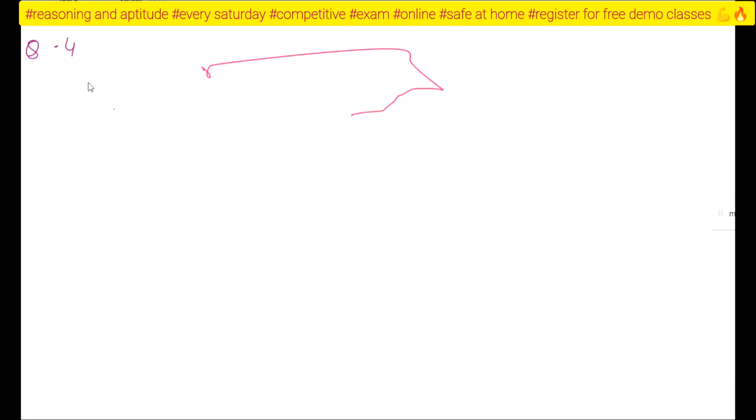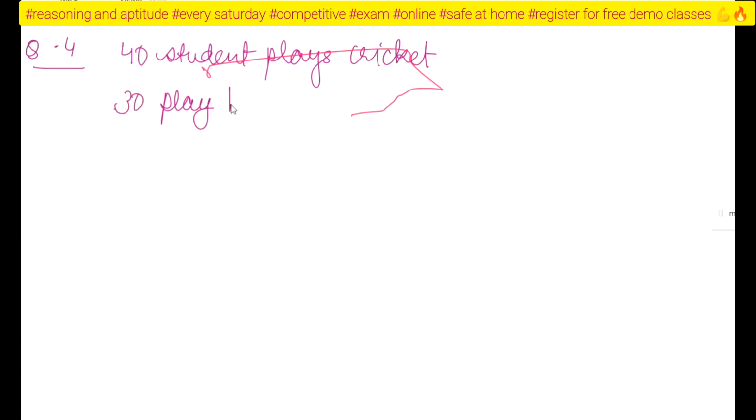What are they saying in question number 4? In a college, 40 students play cricket. 30 play football. And 20 play both. Now the question is to find the number of students who play either cricket or football but not both.